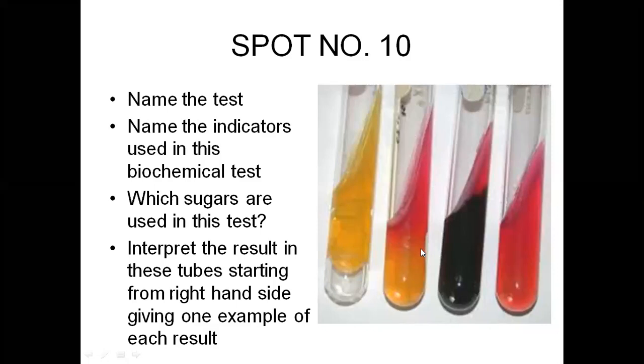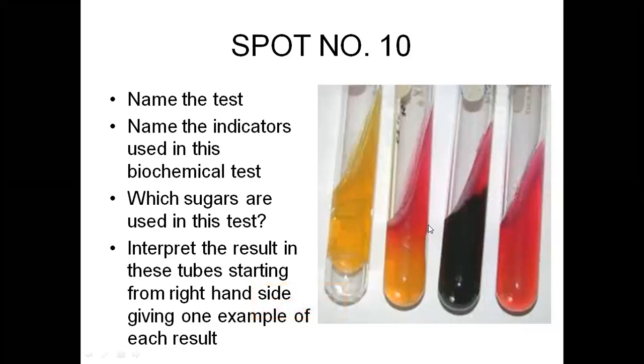So the slant is going to turn pink. The bacteria which ferment only one sugar, glucose, are Shigella, Salmonella, and Proteus. In the case of Shigella and Salmonella, the tube is going to show a yellow butt and pink slant.